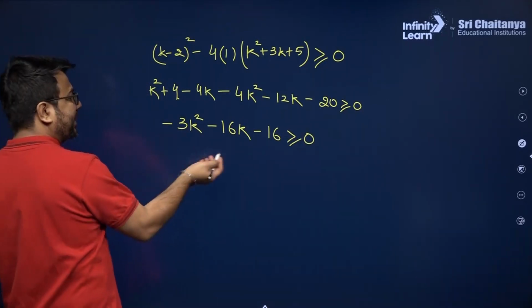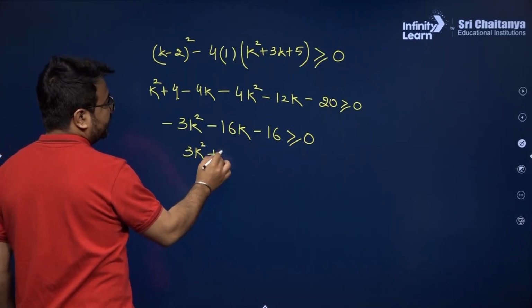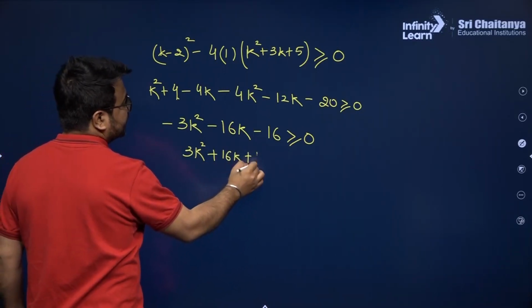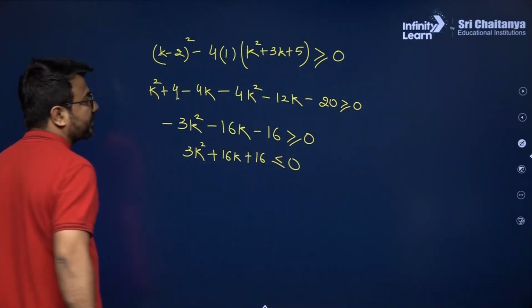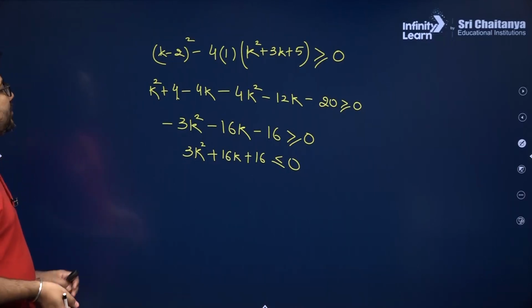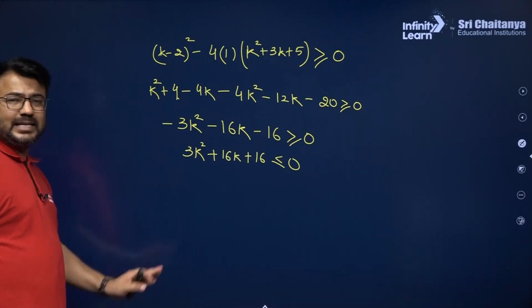Okay, so if I take this negative common, it will be 3k square plus 16k, then plus 16, and here we have less than or equal to 0, because all the three terms are negative. So that is why I am writing less than or equal to 0. Now can we factorize it?